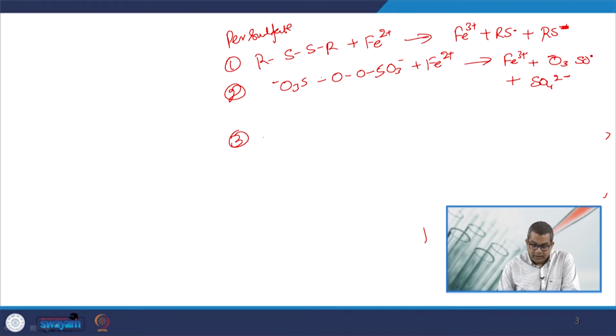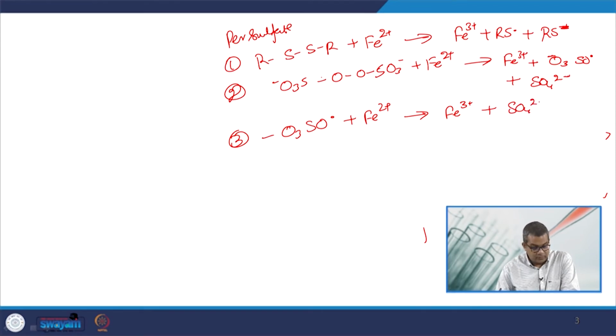Similarly, if you take another example like this, this may give you SO4, and if you take another halogen substance in question, Br2+, it may give you Br radical plus Br ion.